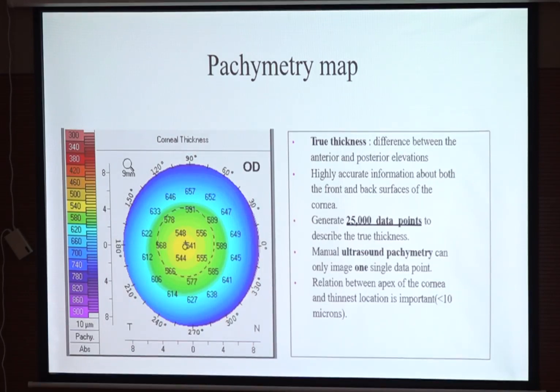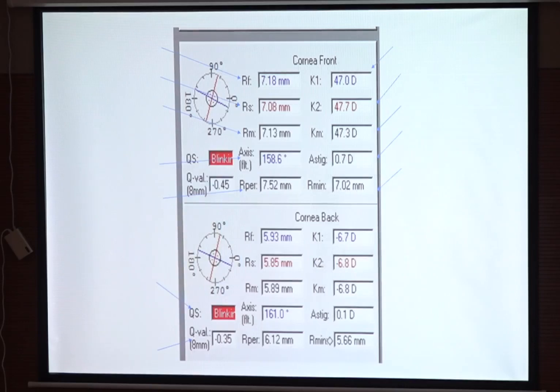It generates around 25,000 data points to describe this true thickness, as compared to your manual ultrasound pachymetry, which only images at one single data point. Also, it is important that in your pachymetry map, you see the relationship between the apex of the cornea and the thinnest location. It should ideally be less than 10 microns.